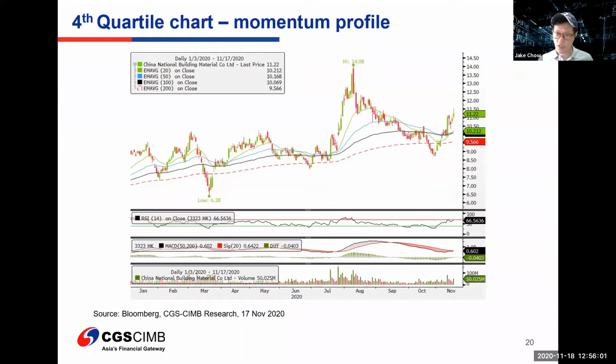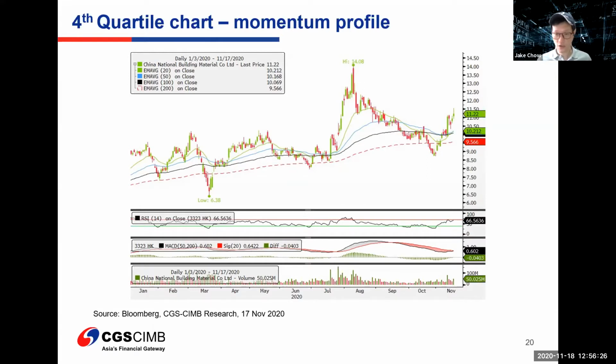So the stocks in this quartile are typically ideal for traders who are a little bit more patient, or traders who are looking for recovery stories, or for investors who don't like to chase runaway price action, as this segment usually exhibits a milder uptrend and moderate positive momentum.